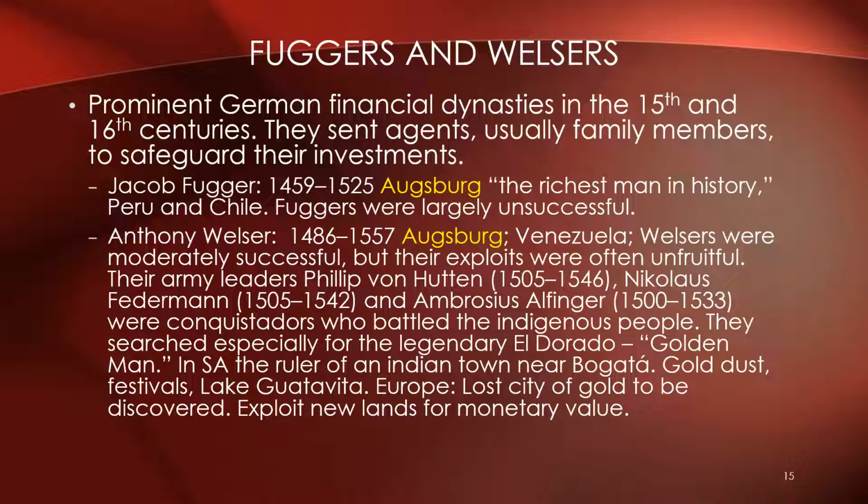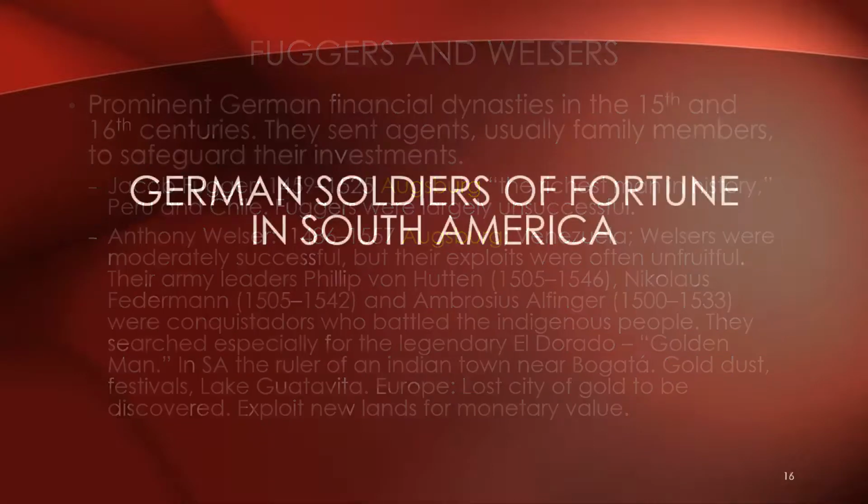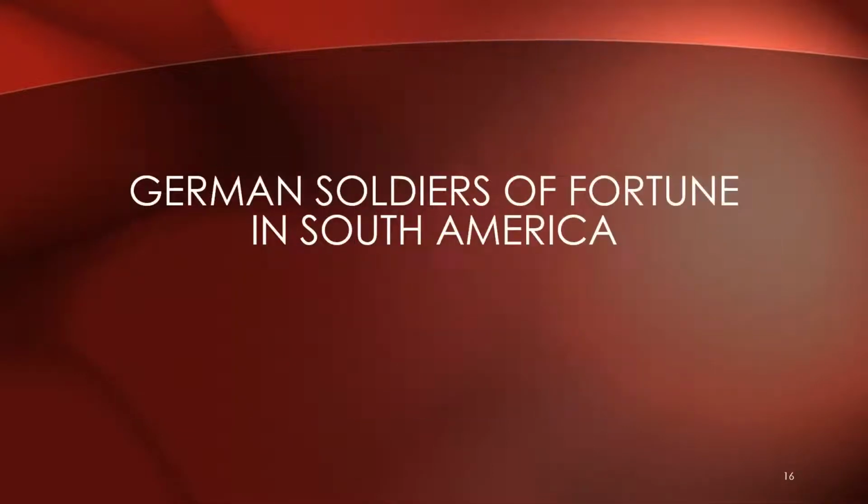To protect their interests, both Fuggers and Welsers sent agents, including family members, to those territories. And I might add that they also sent armies. The Fuggers were mostly unsuccessful in trying to exploit their lands. The Welsers were significantly more successful, but in the end, their exploits ended in disaster. Let's talk about the people who actually went to South America.